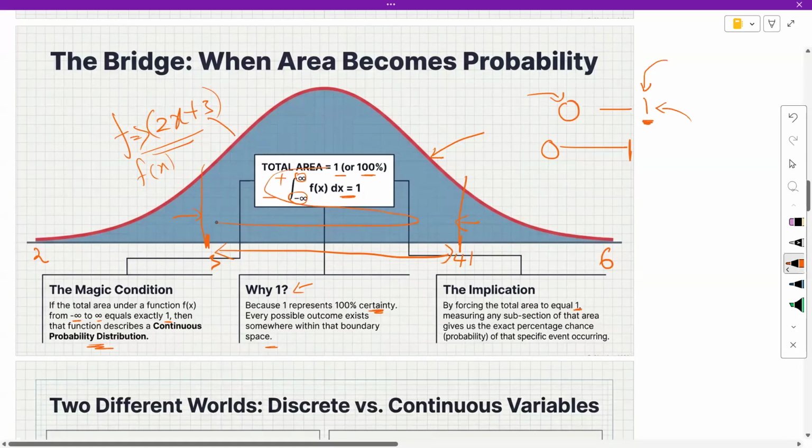This area represents probability. It is definitely less than 1. The total area from 2 to 6 equals 1 or 100%, and any sub-area between a value, here 3 to 4, is definitely below 1.